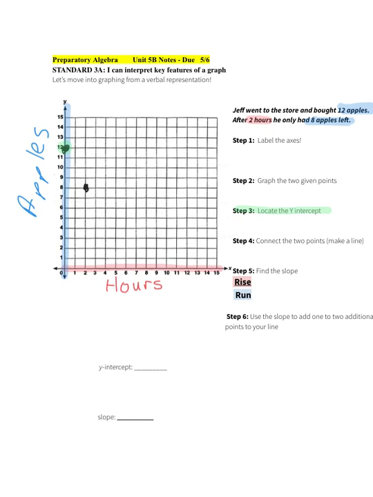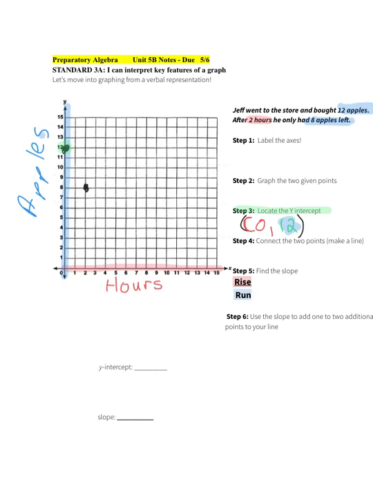And I'm going to write that down. All right, so my y-intercept is 0, 12. All right, let's go to the next step.